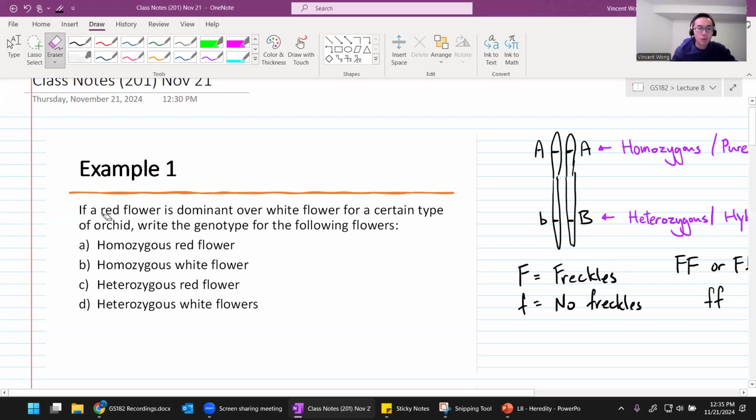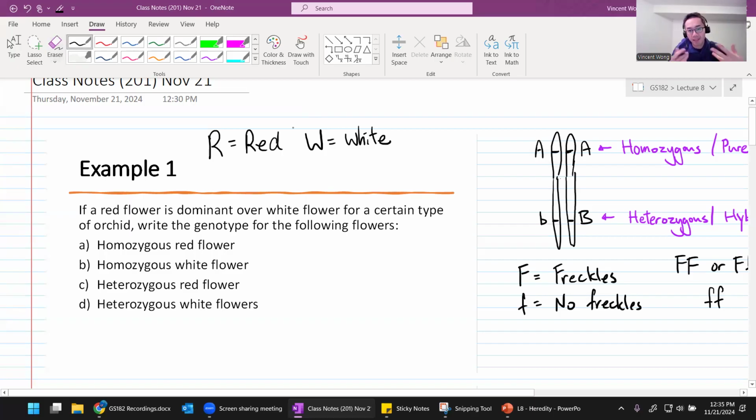So in this case, red is dominant over white, which means we should use capital R for red and small r for white. Okay, please remember when you are doing these kinds of questions, you should use the same alphabet for the dominant and the recessive trait. The only difference is the dominant is uppercase and the recessive trait is lowercase. Okay, do not do like R for red and W for white.